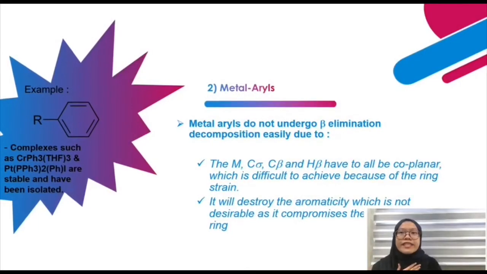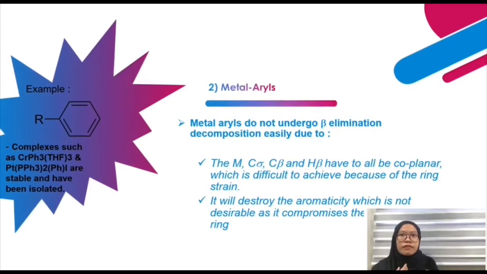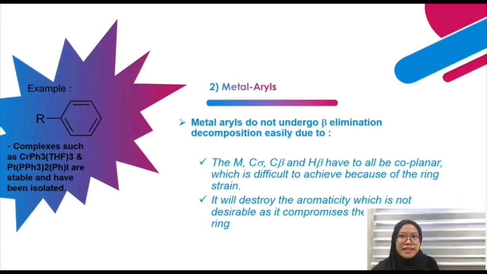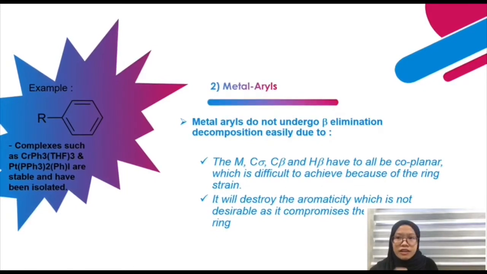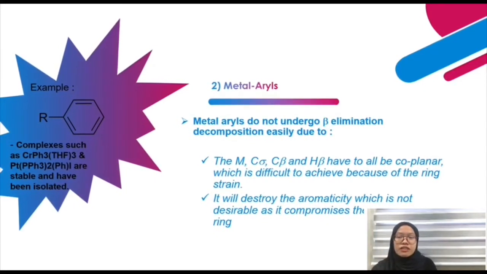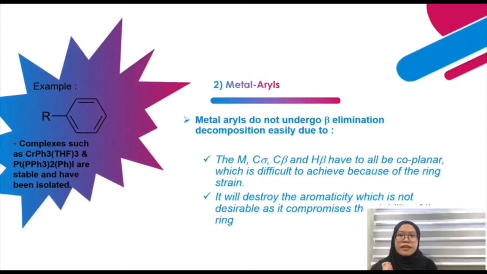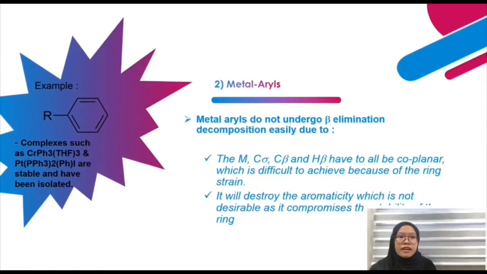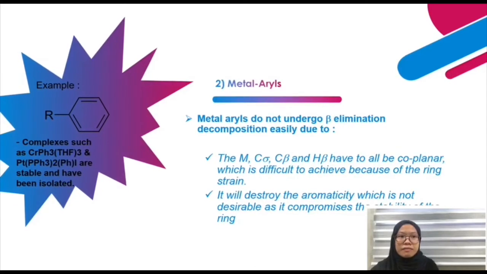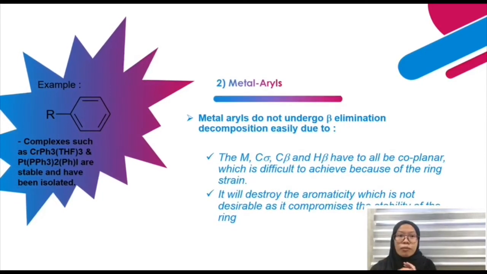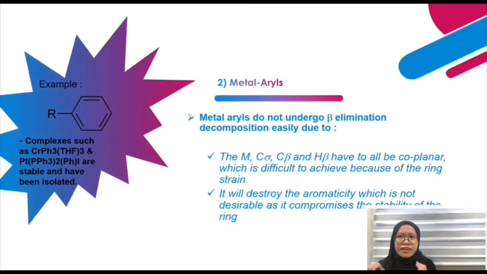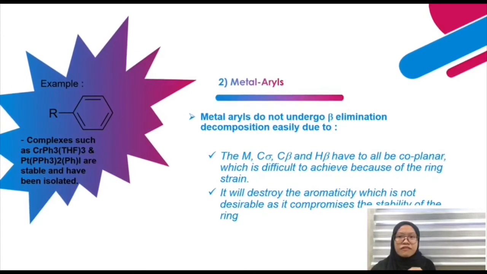Now I will proceed with the second type of group, which is metal aryls. Metal aryls do not undergo beta elimination decomposition easily, because first, the metal, alpha carbon, beta carbon, and beta hydrogen must be coplanar, which is very difficult to achieve because of ring strain.